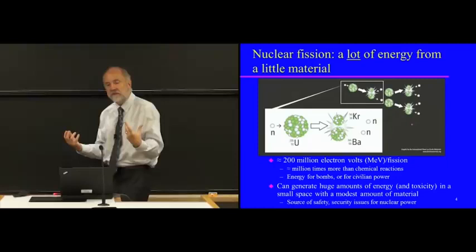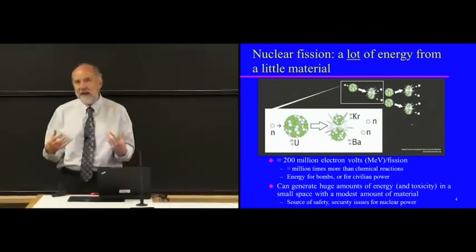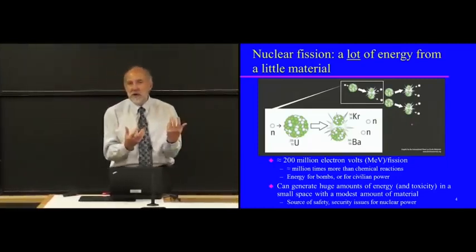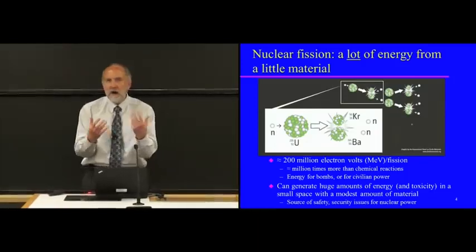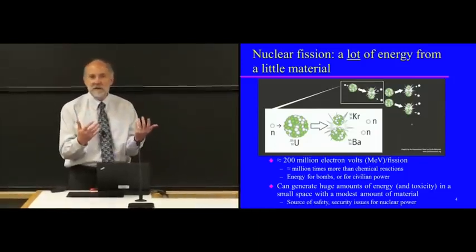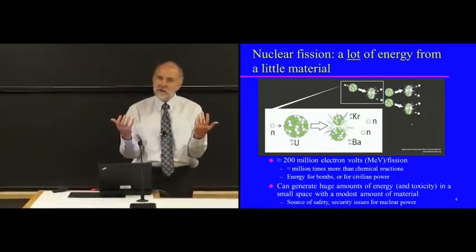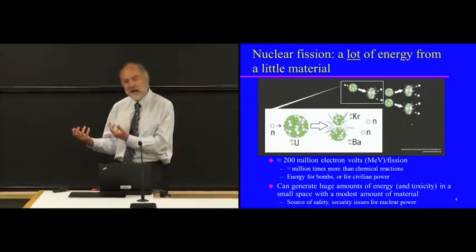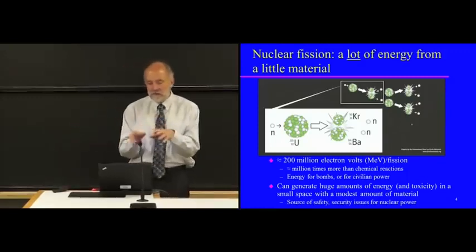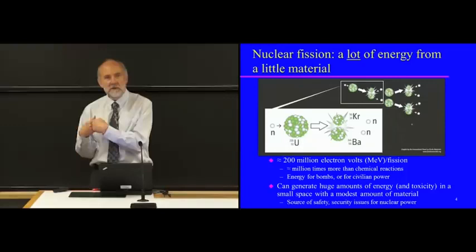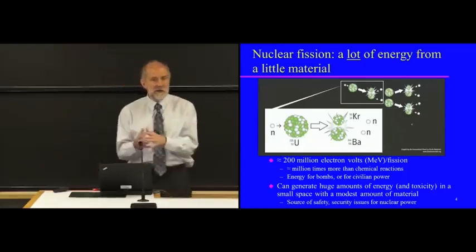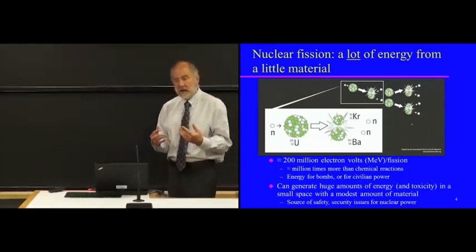They split in half. Okay? And when that happens, the two smaller atoms are not stable with the number of neutrons that the original uranium or plutonium atom had. And so it also releases typically 2 or maybe even 3 neutrons in this reaction.